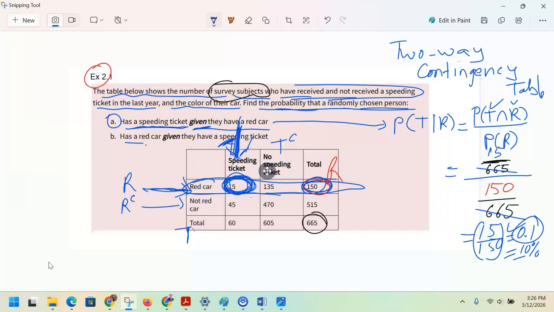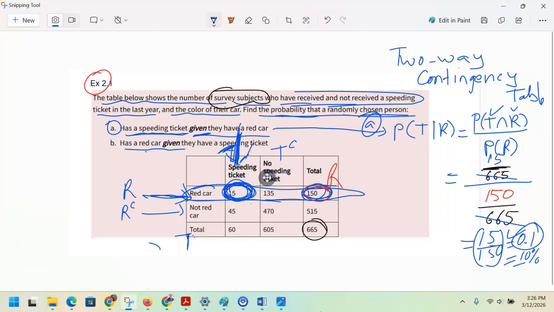And the next question is, what is the probability? So this was the A part, and the B part is the probability that he has a red car given that he got a ticket. So this is just the opposite.